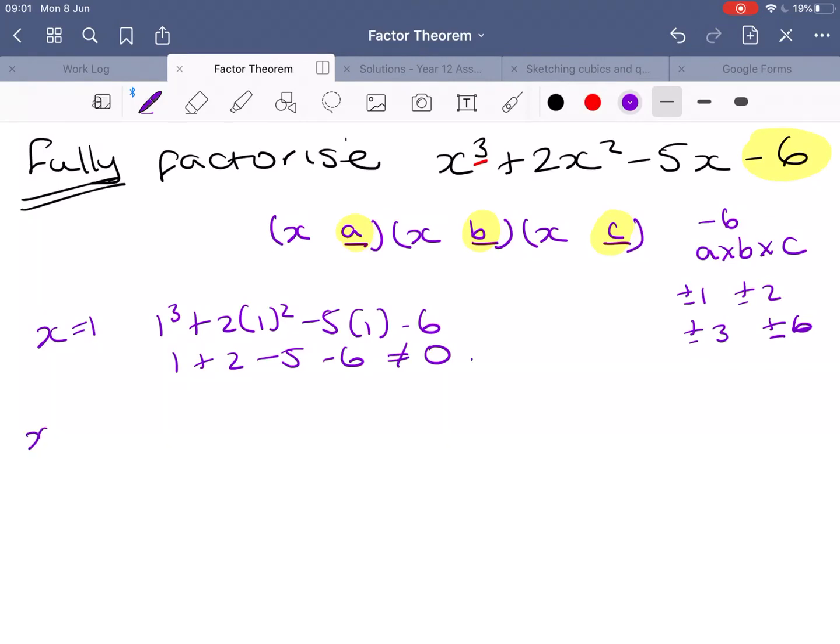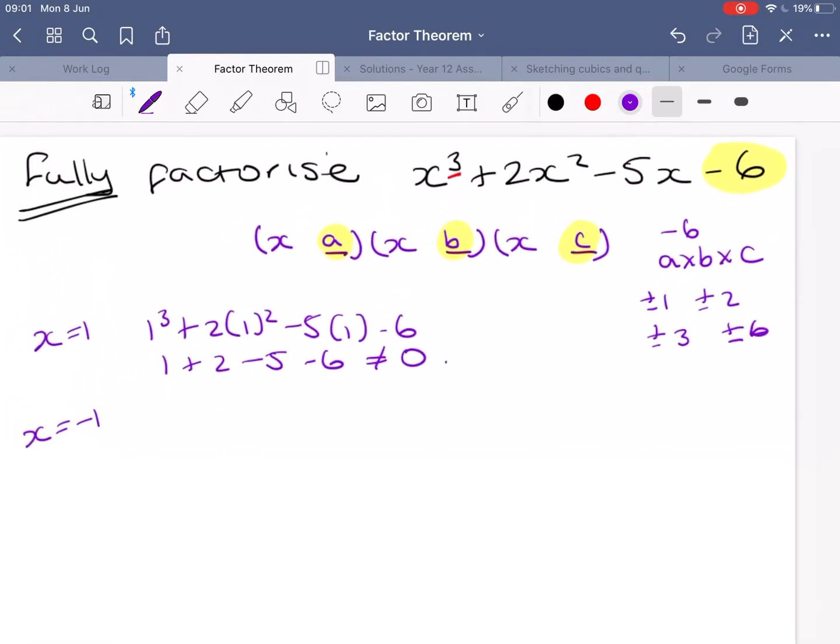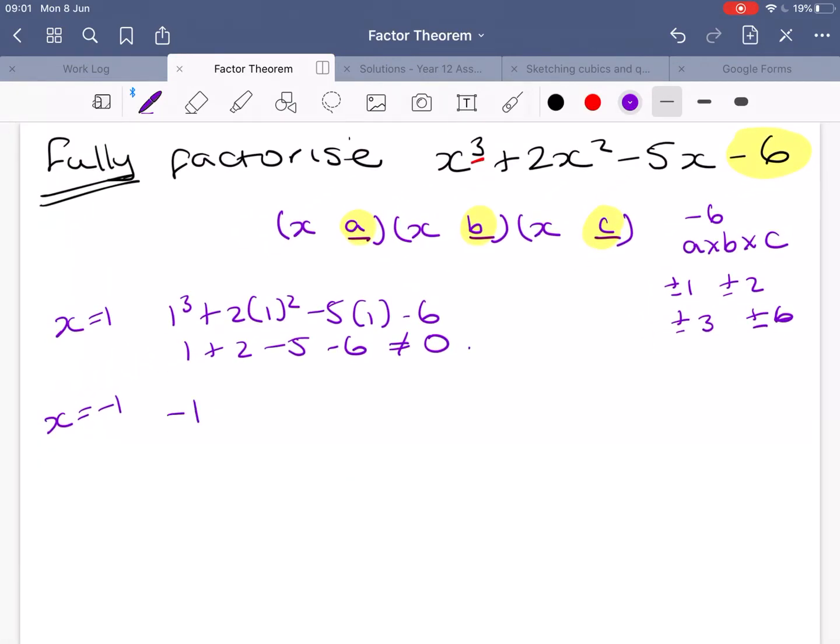Now, if I've done the positive, I always do the negative, because the only thing that's going to be different is the signs. Minus 1 cubed is going to be minus 1. Plus 2 lots of minus 1 squared is just going to be plus 2.